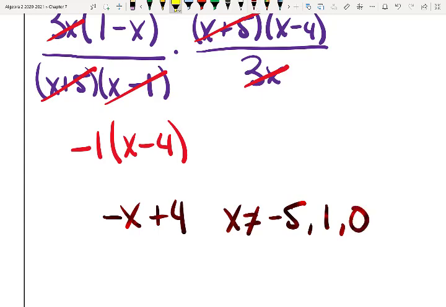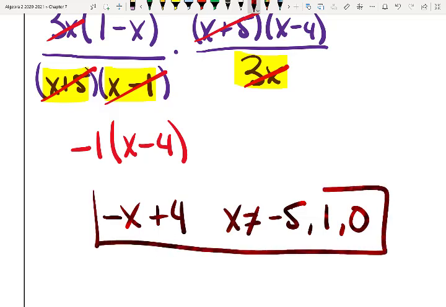Because I had 3 things, 1, 2, 3, that were eliminated from my denominator. So x plus 5 equals 0 would give me my -5. X minus 1 equals 0 would give me +1. And then 3x equals 0 would give me 0. So that's my solution. Negative x plus 4 is my expression with those 3 restricted values of -5, +1, and 0.